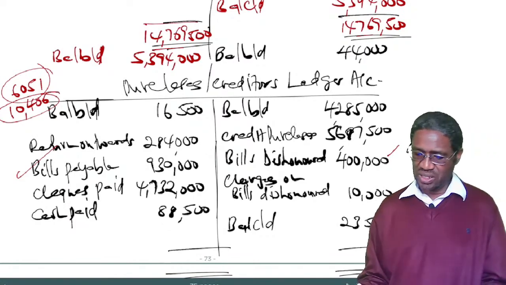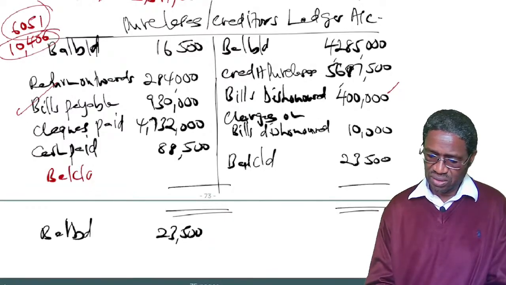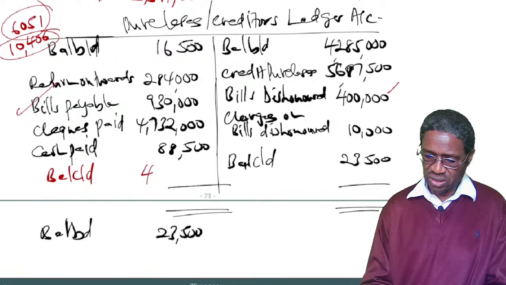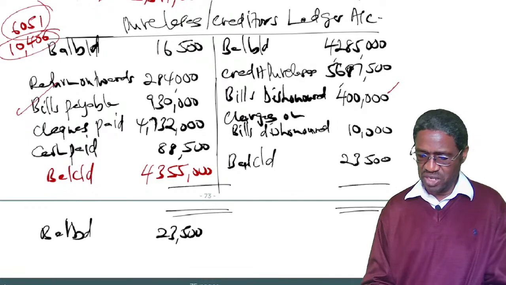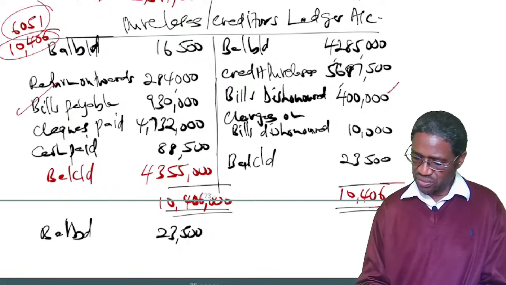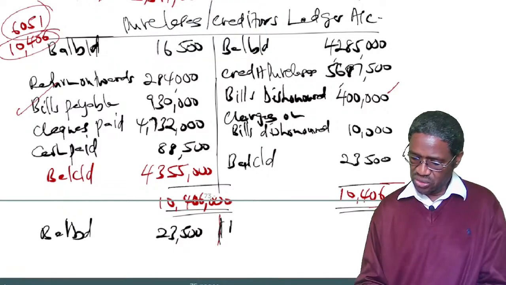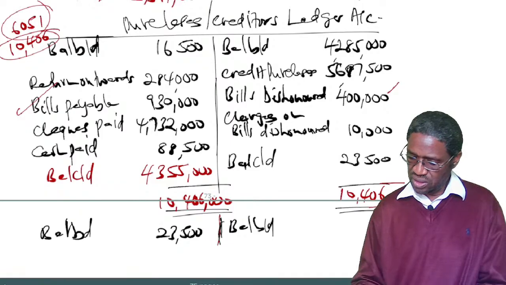I'm getting a balance on the debit, balance carried down. I'm getting 4,355,000. This gives me a total of 10,406,000. Then I bring it down. I bring down the balance, which is balance brought down. That is 4,355,000.